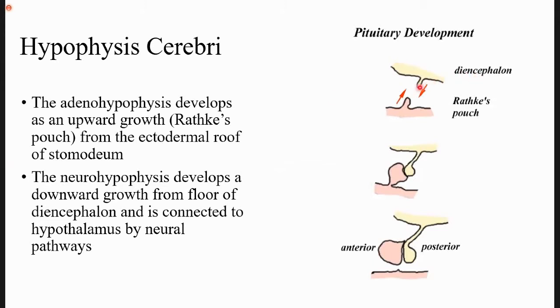As you can see here, of the two sites of origin, one is extending downwards from the diencephalon, and Rathke's pouch, from the roof of the stomodeum, is approaching upward, and then these two are incorporated together with a slight gap, and that constitutes the anterior part, and this part extending downwards constitutes the posterior part of the pituitary gland. So adenohypophysis and neurohypophysis are the two parts which develop from two different regions of the body.